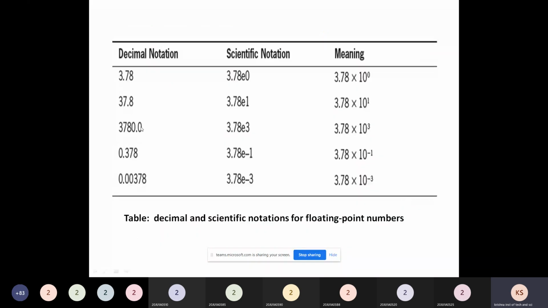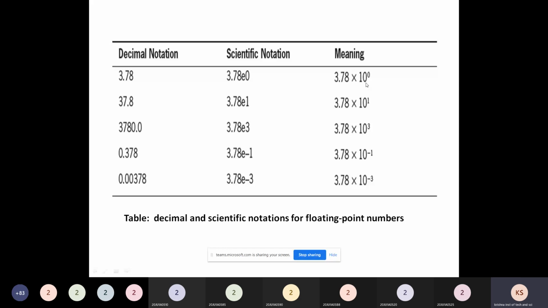So this is decimal notation: 3.78 is the decimal notation. How can you write the scientific notation? 3.78 e power 0, where e means exponent, so the meaning is 3.78 into 10 to the power of 0.